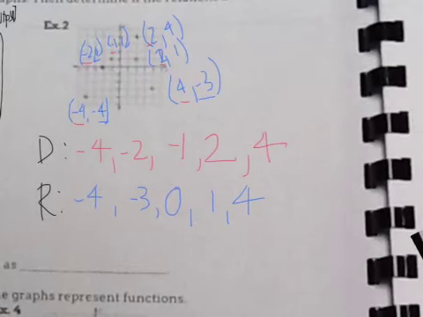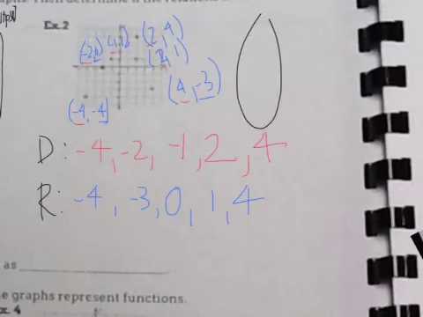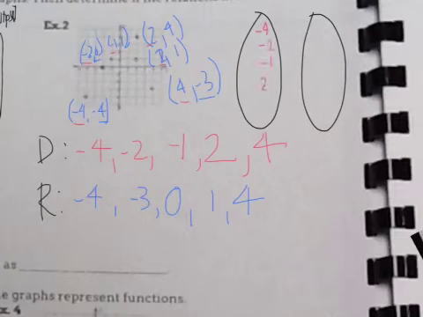Let's go ahead and try to make our mapping. So we're going to put our domain values over here, -4, -2, -1, 2, and 4, and our range values.